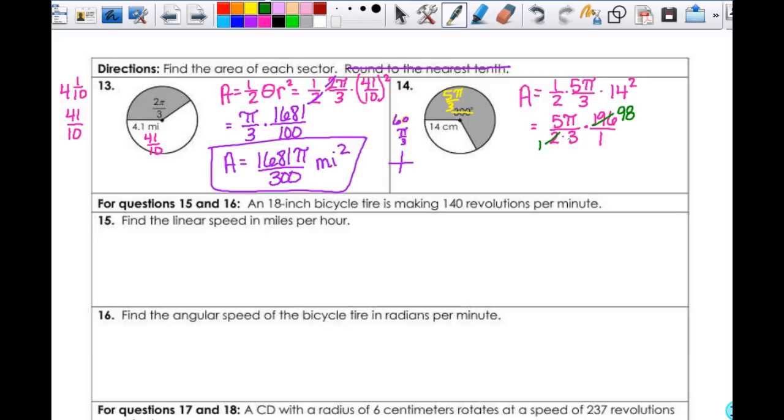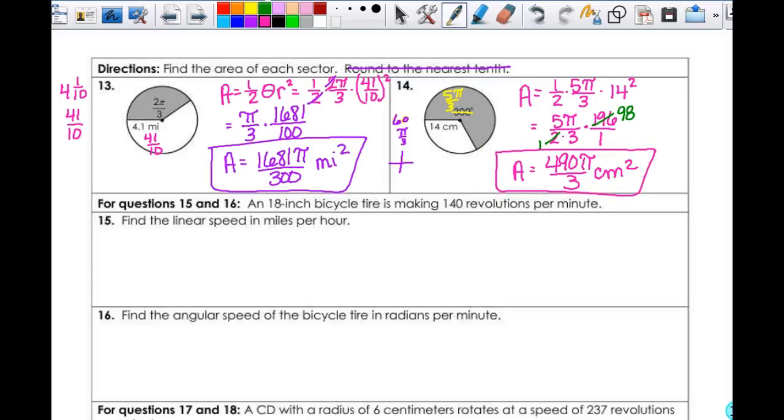So I can do 5 times 100 and subtract 10. So 5 times 100 is 500. I subtract 10 from that, and I get 490. So my area is going to be 490 pi over 3 centimeters squared.